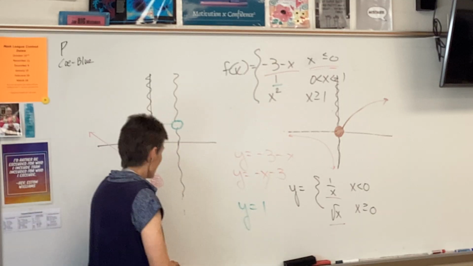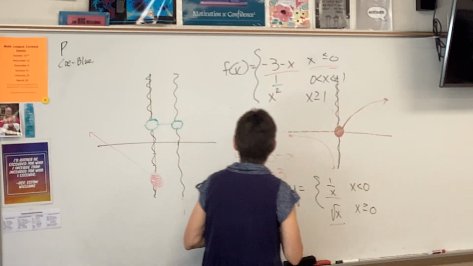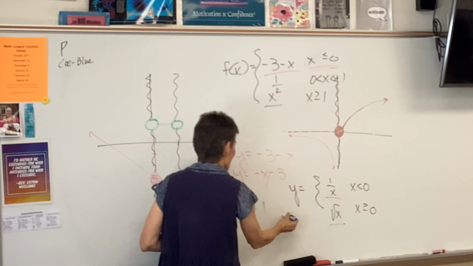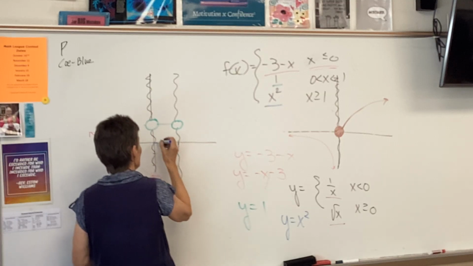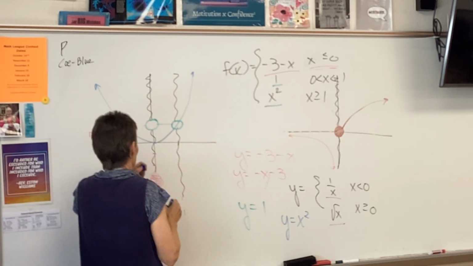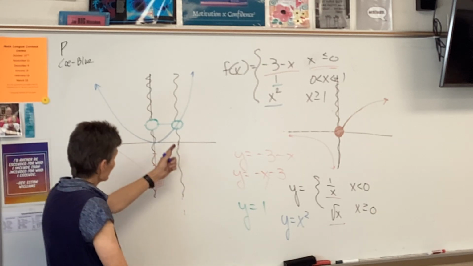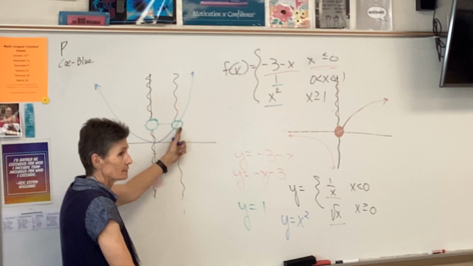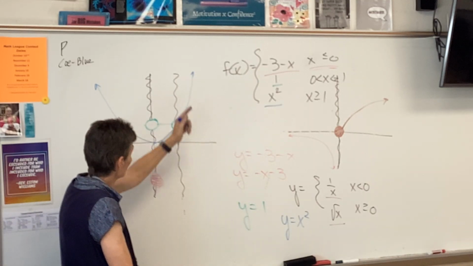All right, and then with my blue marker, I'm going to do y equals x squared, which is what? Parabola. Remember, this is the point 1, 1. So it's on that parabola. So that parabola goes right through that open dot.